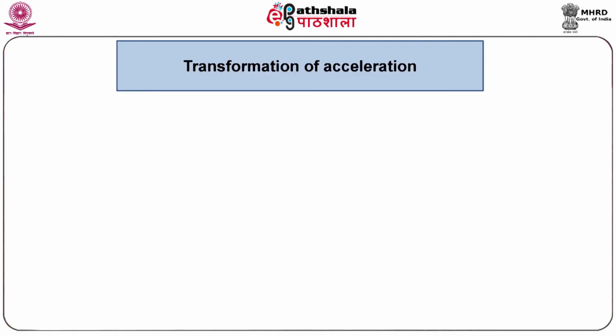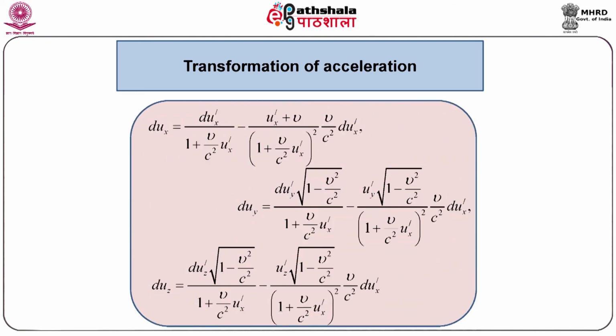In respect of this special theory, we have to understand the matter, velocity and acceleration. In this module, we have already discussed the velocity in view of this special theory. Let us discuss the transformation of acceleration.